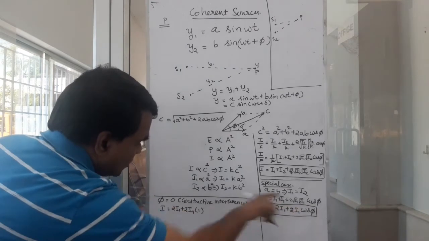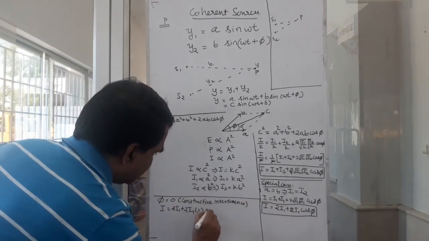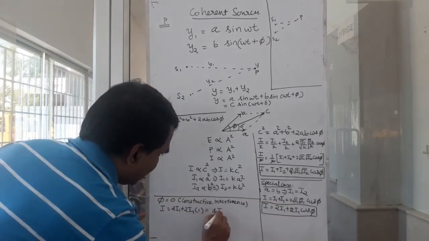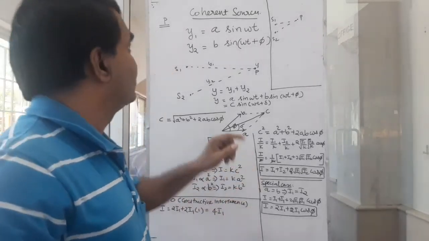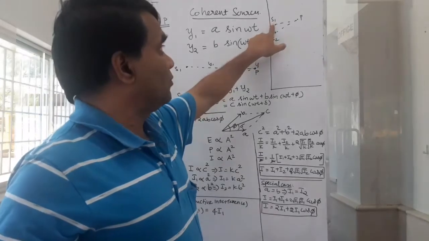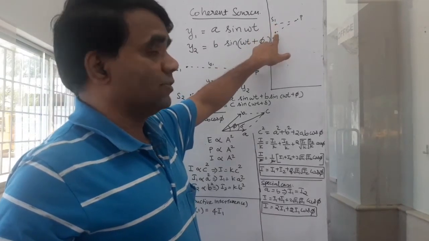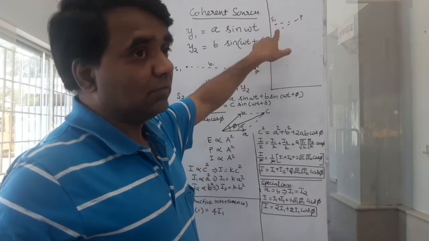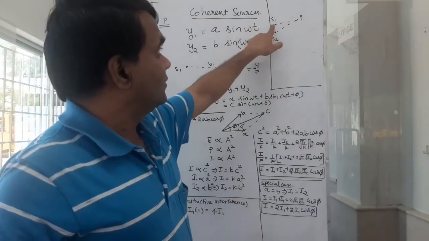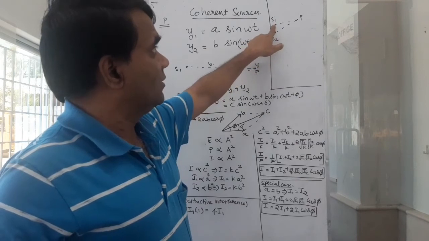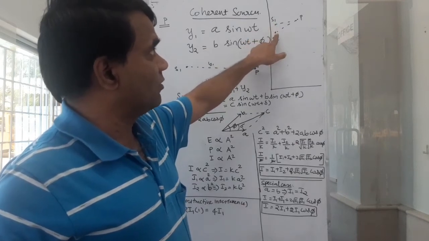Cos 0 is 1. So that gives you I is equal to 4I1. Notice here, this is I1, this is I2. Or if they're the same amplitude, then this one is I1, this is also I1.